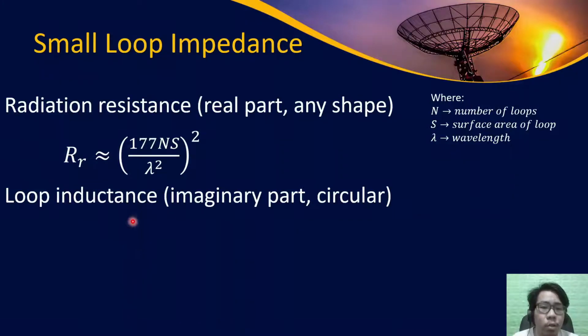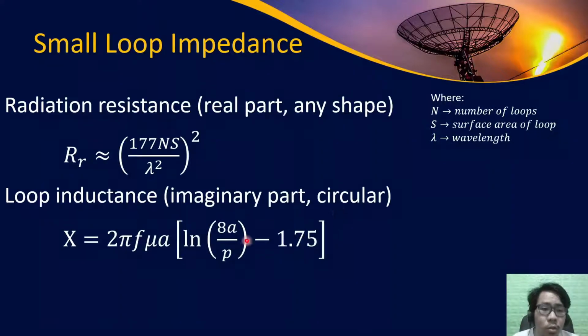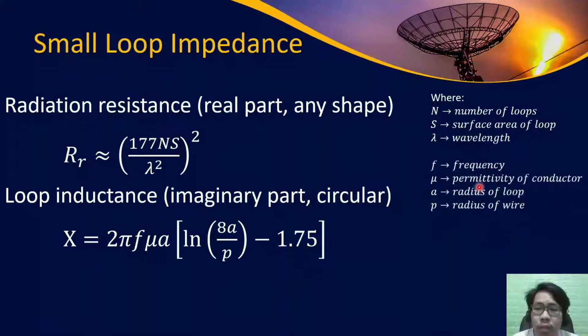Next we have the loop inductance, which is the imaginary part. We will compute the loop inductance. This formula is just for the circular shaped small loop antenna. The formula is 2 pi times f times mu times a multiplied by (ln of 8a over p minus 1.75), wherein f is the frequency, mu is the permeability of the conductor, which is equal to the permeability of free space multiplied by the relative permeability of the conductor.